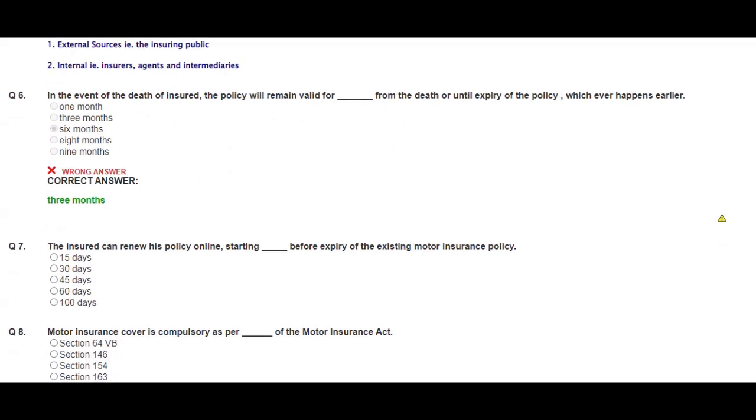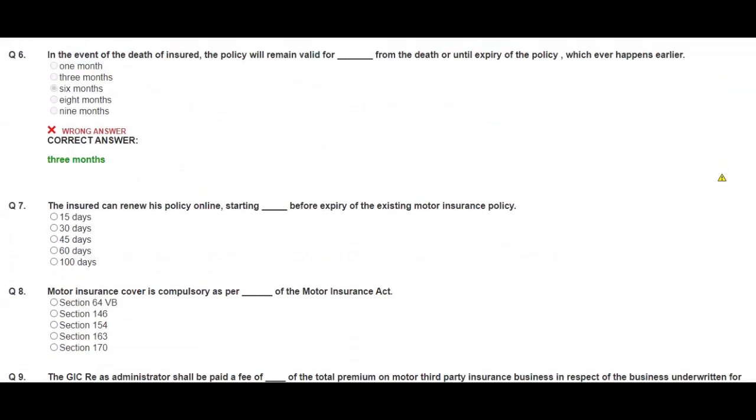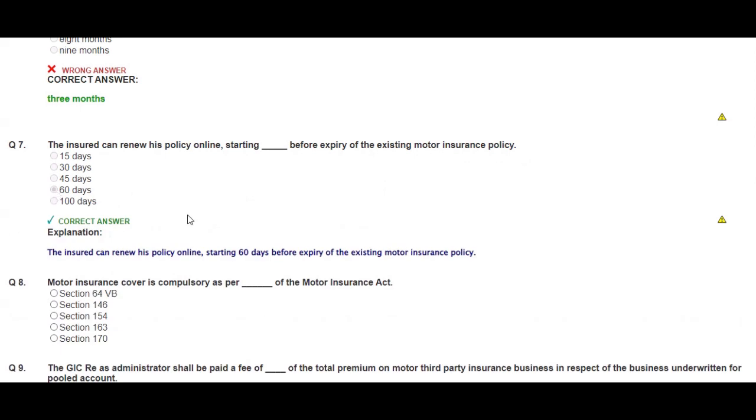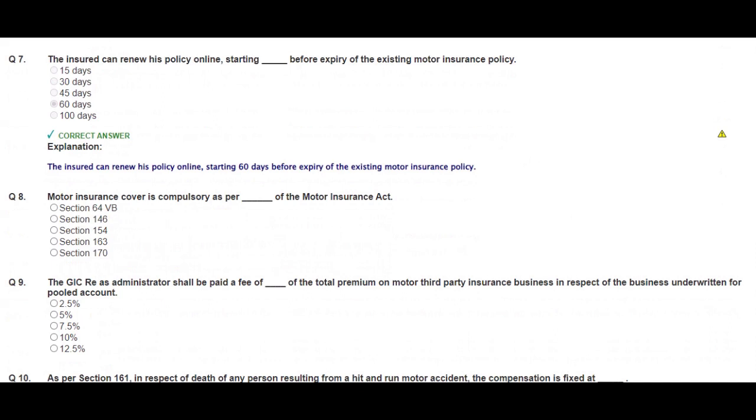The policy will be changed to another person, who will submit the death certificate. The insured can renew the policy online starting 60 days before expiry of the existing motor insurance policy. We can renew the insurance policy online only.